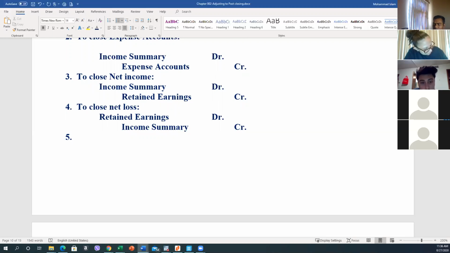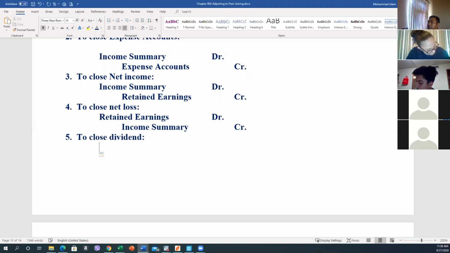Yes. And to close dividend, what should we do? When we pay dividend, what happens? Retained earnings increased or decreased? Retained earnings decreased. Yes, retained earnings decrease.